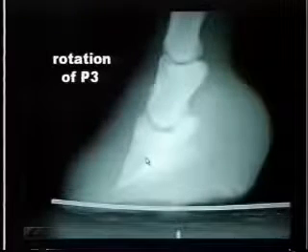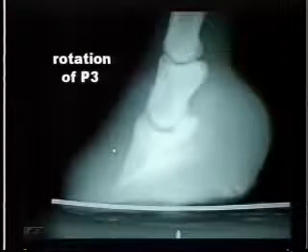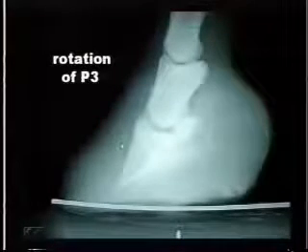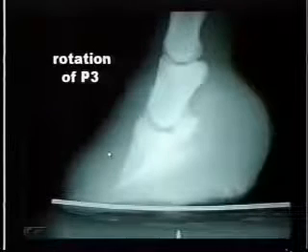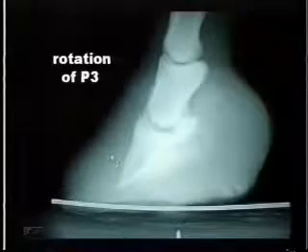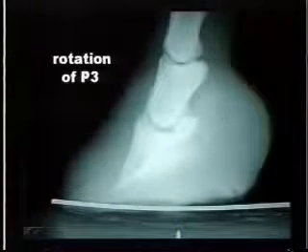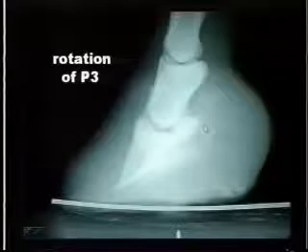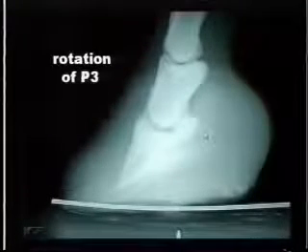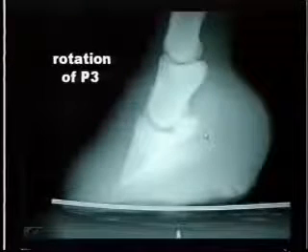The reason that it occurs in the horse with laminitis is because there's been damage to these lamina that hold the bone within its normal position within the hoof capsule. And when these lamina are damaged, they can no longer resist the force of the deep digital flexor tendon, and therefore P3 rotates within the hoof capsule.